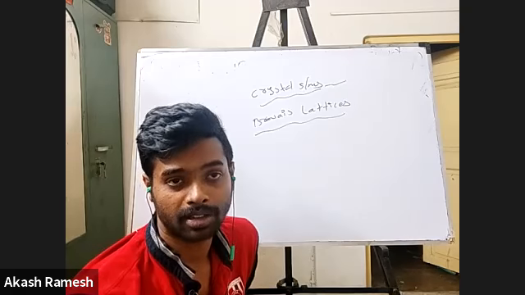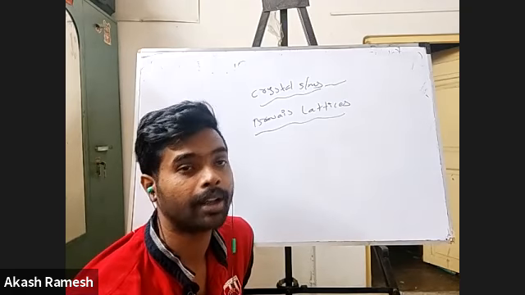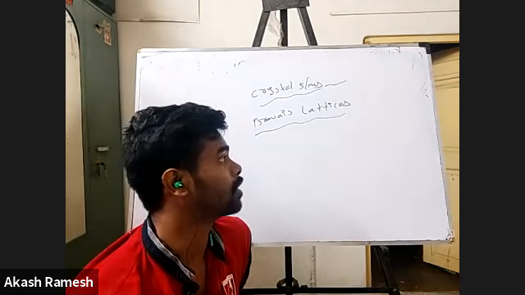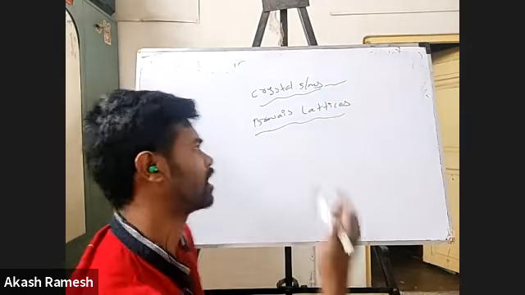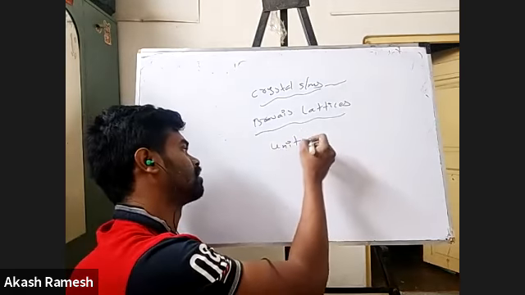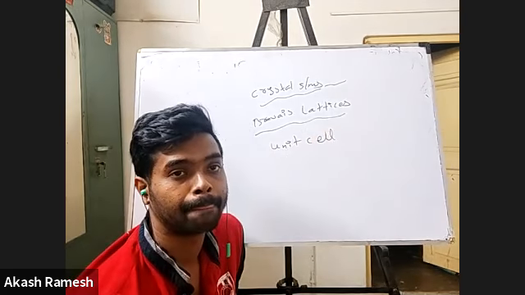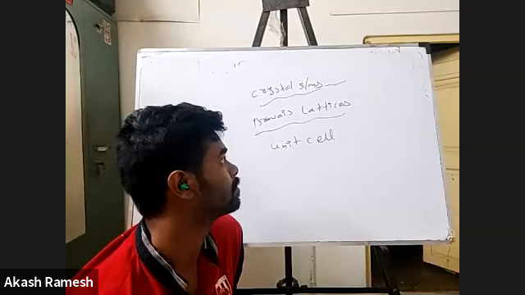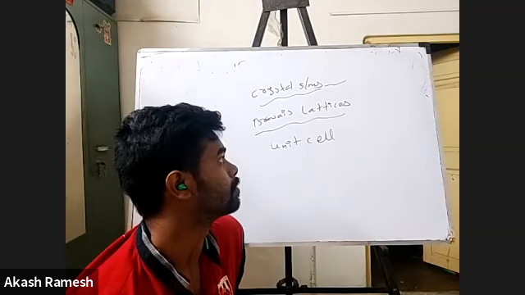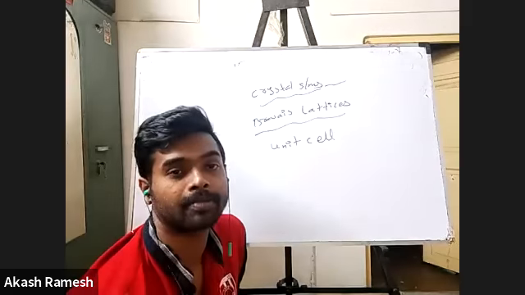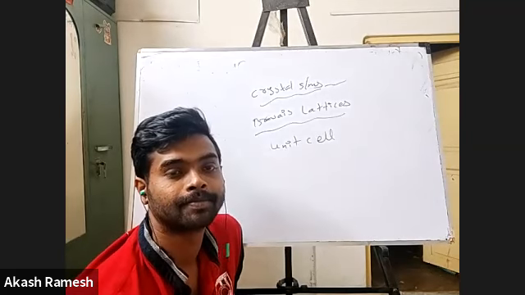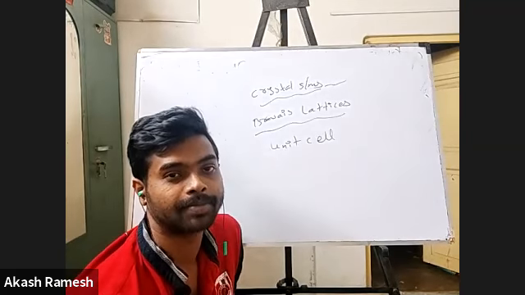So there's something called crystal systems, right? And you have something called lattice, or you also tell me what is a unit cell, right? Fine. Anyways, tell me, what are these?